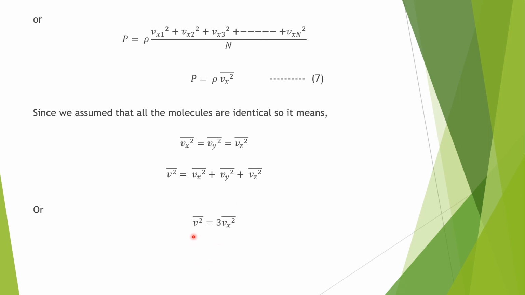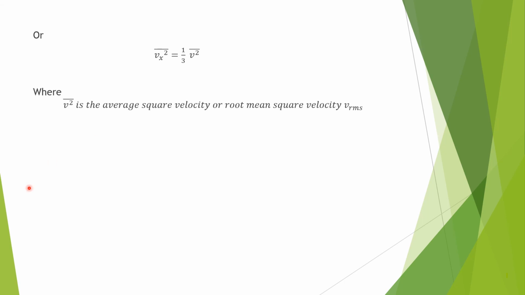So the final expression will be v square bar equals 3 vx square bar, or we can simply write that vx square bar equals 1 upon 3 v square bar. This v square bar is the average square velocity or root mean square velocity. We represent it by v RMS.